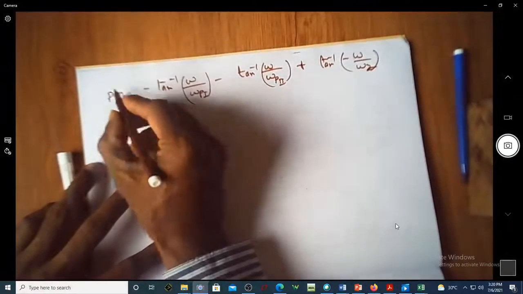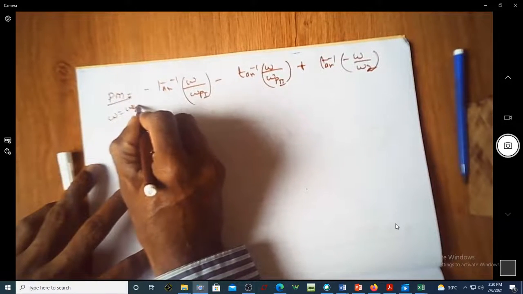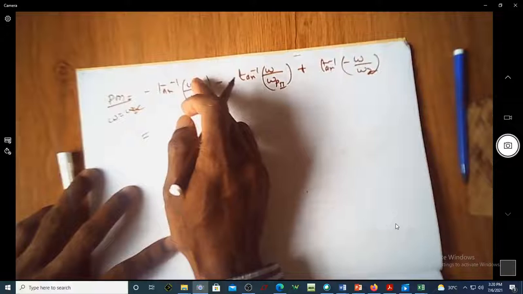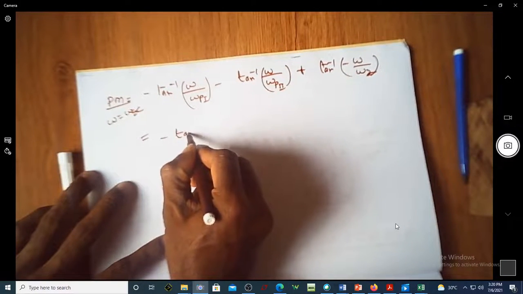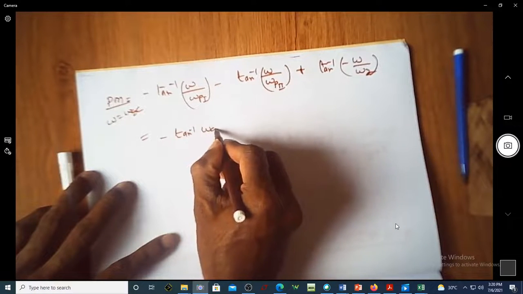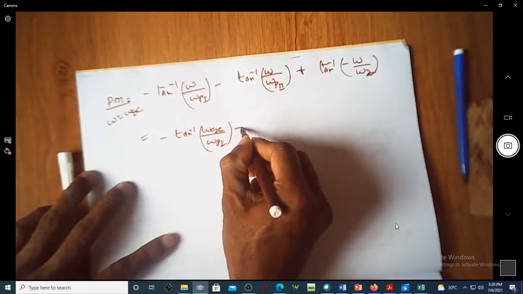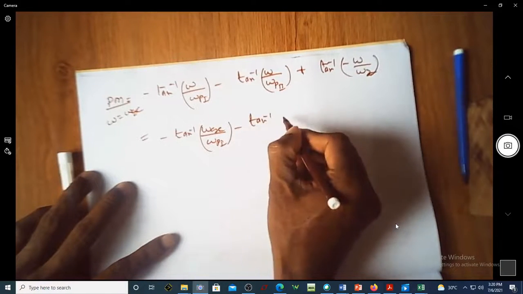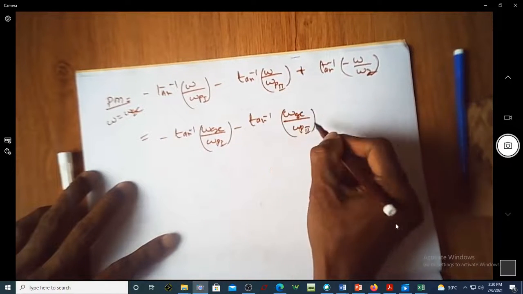For finding out the phase margin, omega should be equal to omega gc. So let us substitute omega gc wherever omega is there. This is minus tan inverse of omega gc by omega p1, minus tan inverse of omega gc by omega p2.